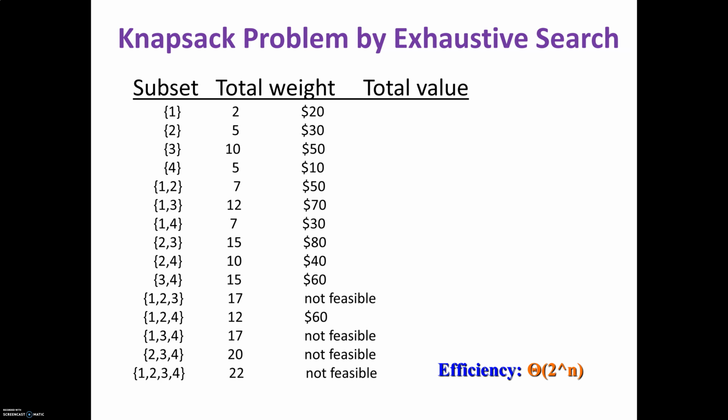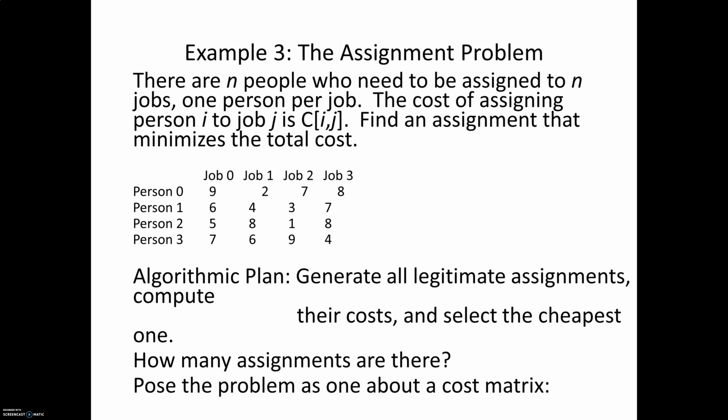The next example for exhaustive search is the assignment problem. This is also an example of a combinatorial problem, and here you are finding permutations. There are n people who need to be assigned to n jobs, one person per job. The cost of assigning person i to job j is Cij.